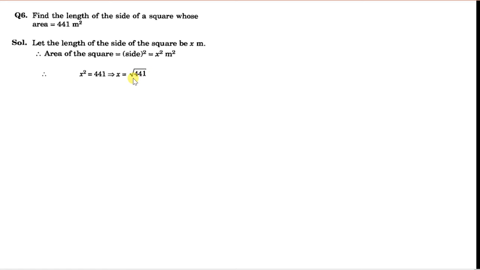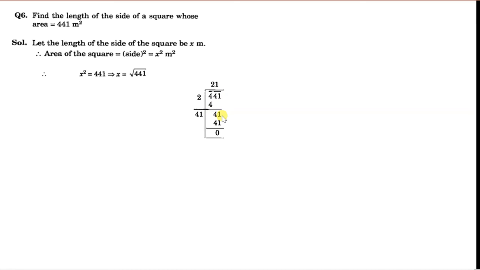41 will become one pair and 4 is another. We will find a number which when multiplied by itself gives this number 4. So that is 2. 2 multiplied by 2 gives you 4.